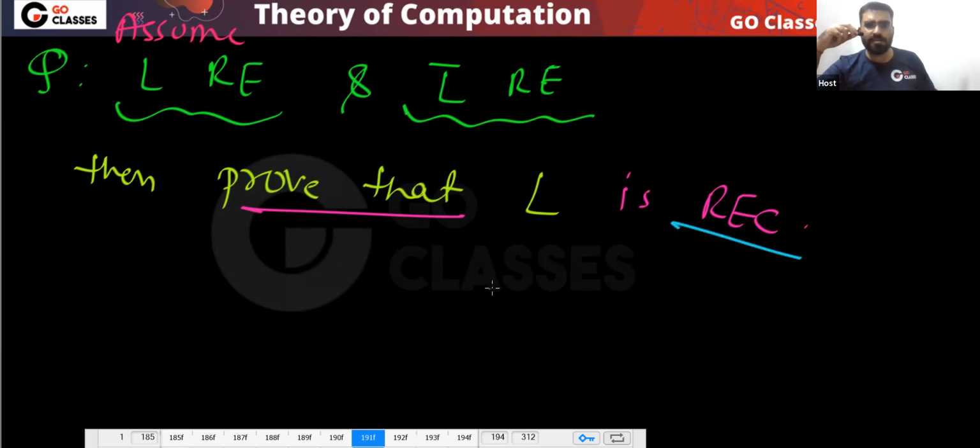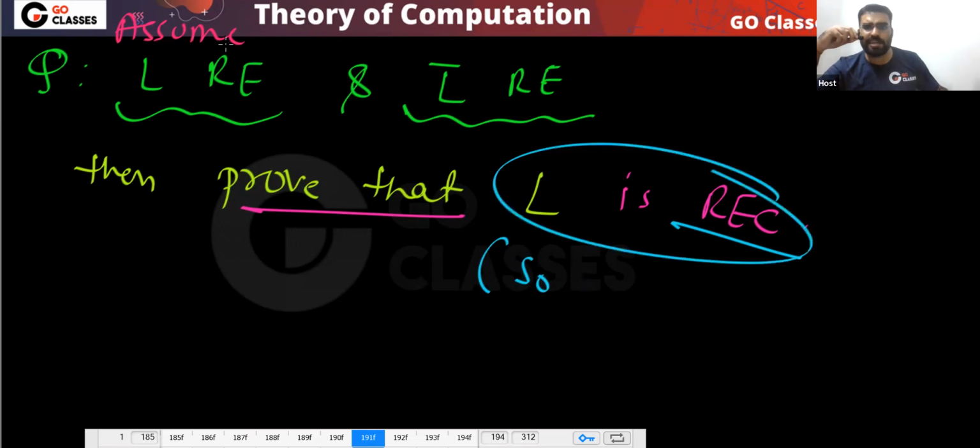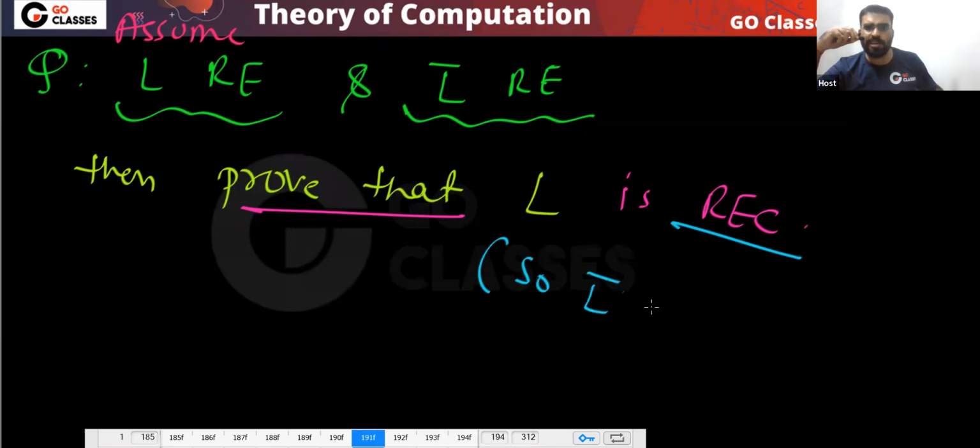Did you understand the statement? This is what we need to prove. If L and L complement are both RE languages, then L will be recursive.